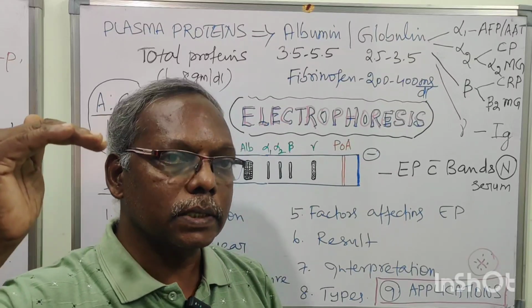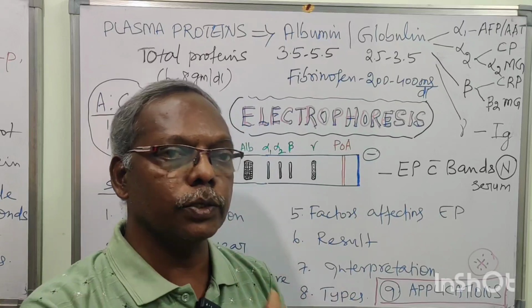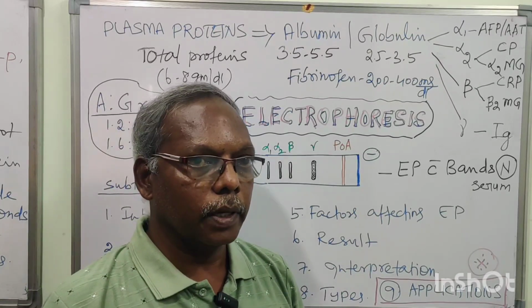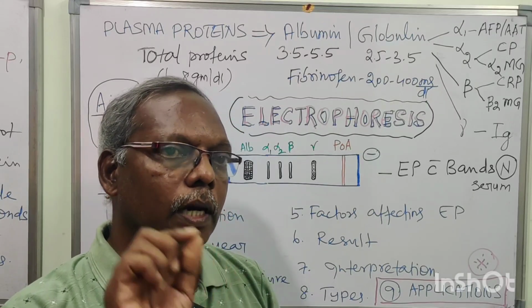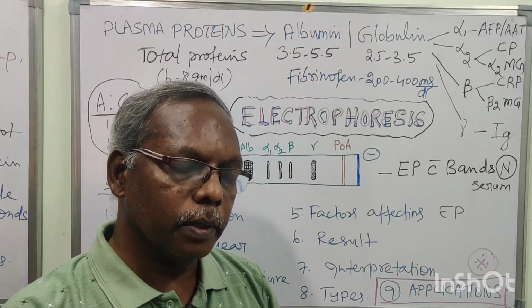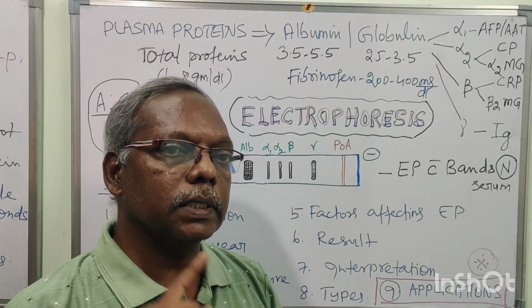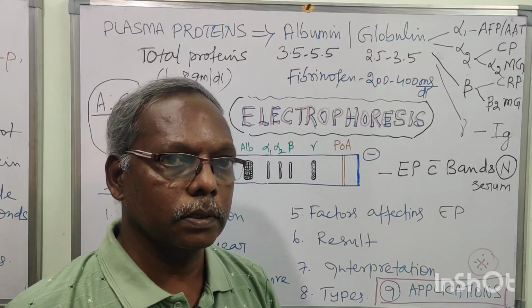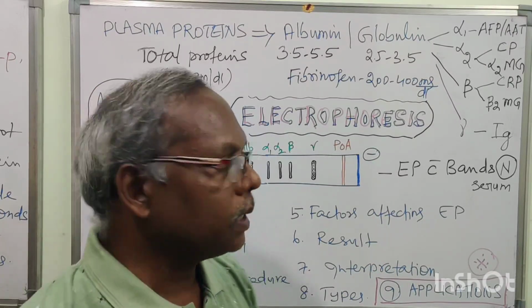In some diseases or disorders, the AG ratio will be reversed. That is a clinically important point, okay? Usually the AG ratio is 1.2 albumin or sometimes 1.6 albumin, but globulin is always 1. In some clinical diseases or conditions, the ratio will be reversed. That is, albumin level is low, globulin is increased, right?